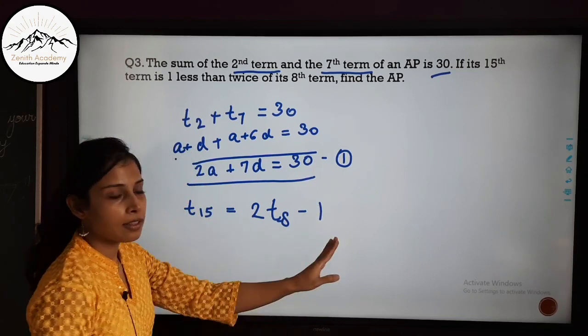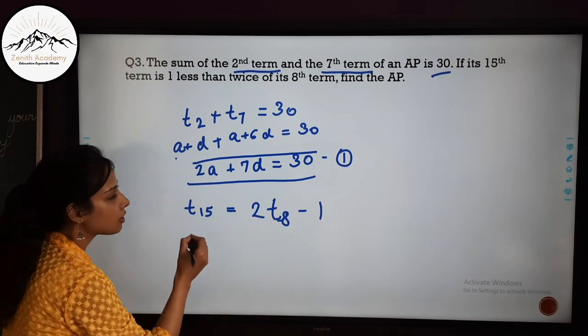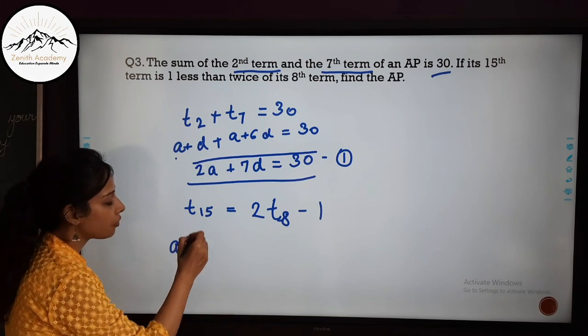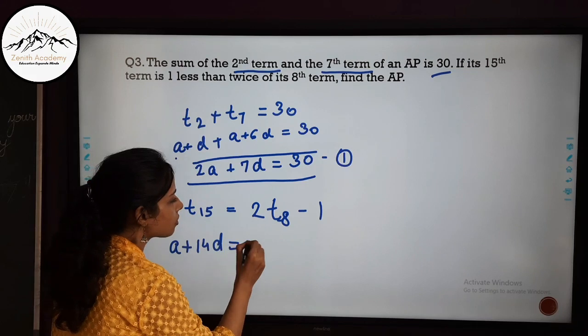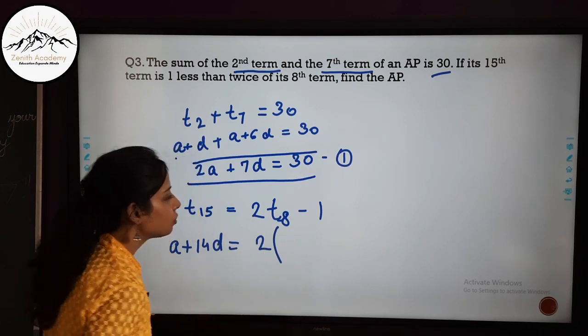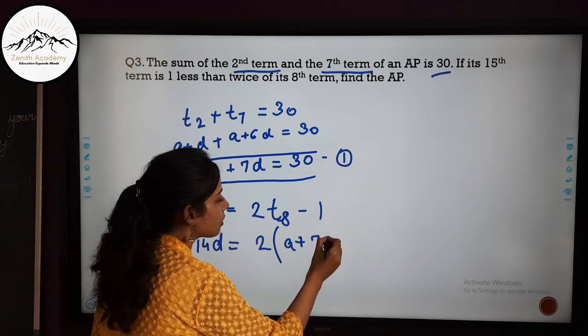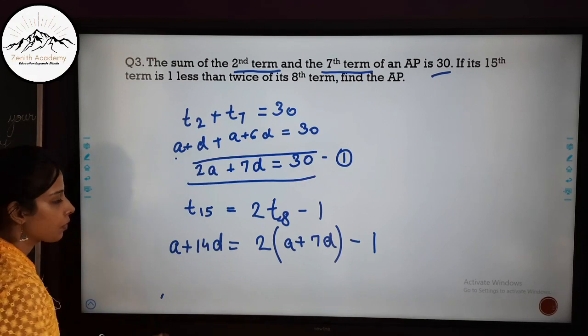It is 1 less than twice its 8th term. Writing this also in the form of A and D: A plus 15 minus 1 into D is A plus 14D, is equal to 2 into A plus 8 minus 1 into D, that is A plus 7D, minus 1.